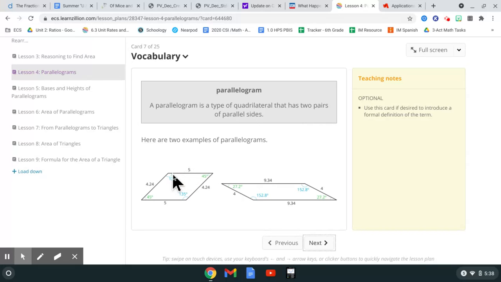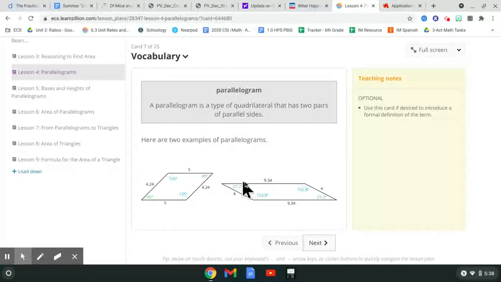So in this first figure, this top line and the bottom line are parallel, and this side and this side are parallel. The 2 sides have the same, what would you call it, kind of like the same tilt, right? If we were to run this line forever and this line forever, they would never meet. And that's what parallel lines are.